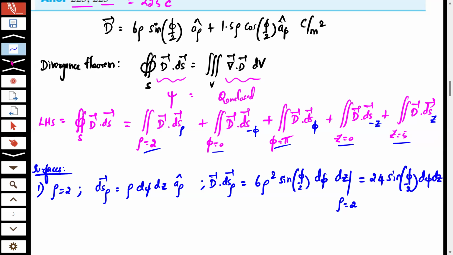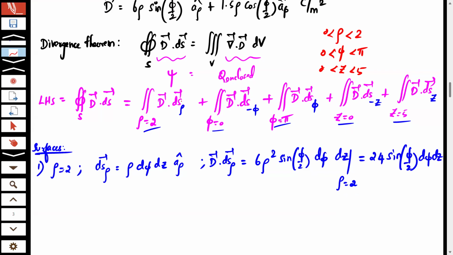And the limits for rho, phi and z can be taken corresponding to the given volume. I'll write it over here. Rho limit is 0 to 2, phi limit is 0 to pi, and z limit is 0 to 5. So we should make sure that wherever we are doing integration with respect to the corresponding variable, the lower and upper limits are taken from the given volume specified in the question.